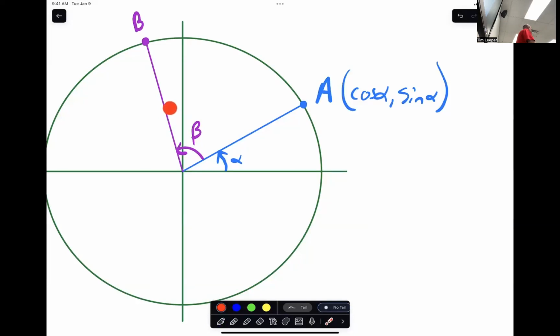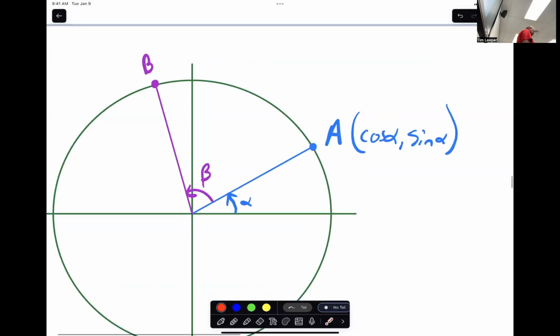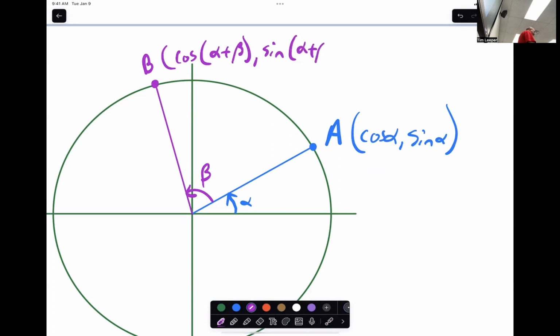So you have to add those two together. So as a result, the coordinate B would have the coordinate of cosine of the angle alpha plus beta, comma, sine of the angle alpha plus beta. So that would be the coordinate for B there. It's cosine of alpha plus beta and sine of alpha plus beta.